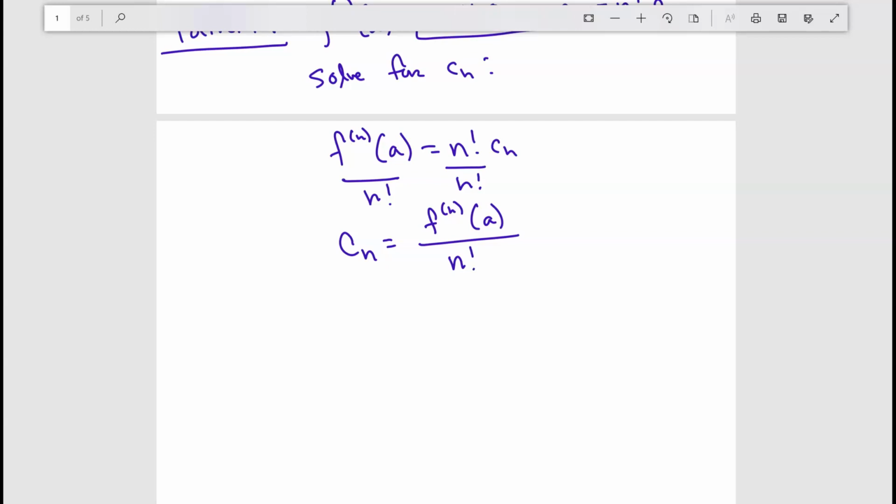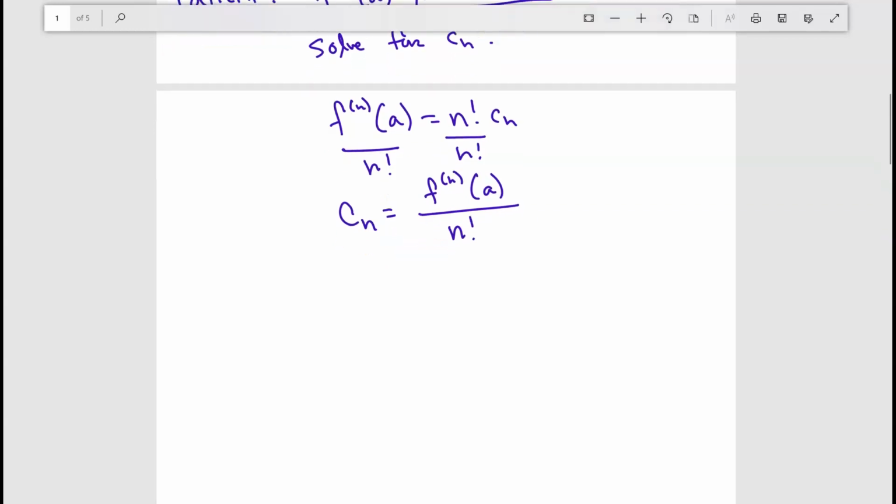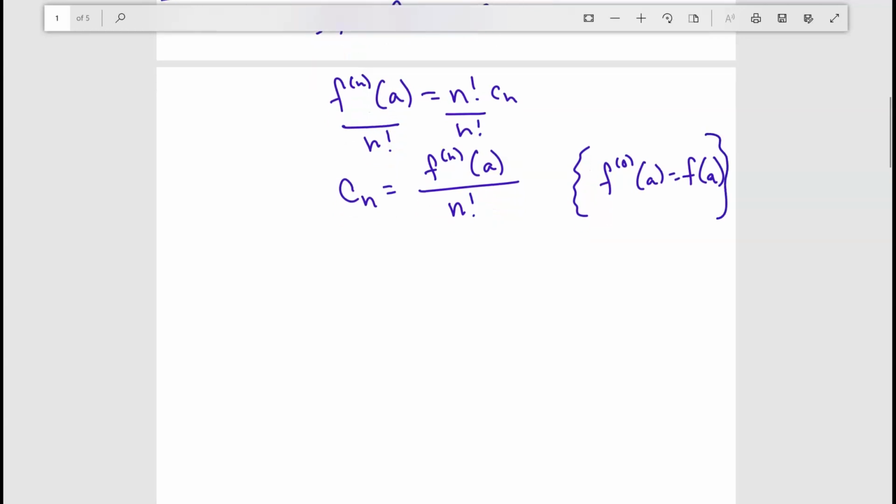All right, so now what does this tell us? One little note: if you see f to the 0 of a, this just means the original function. Okay, I'm not taking a derivative. So what this says is the following.